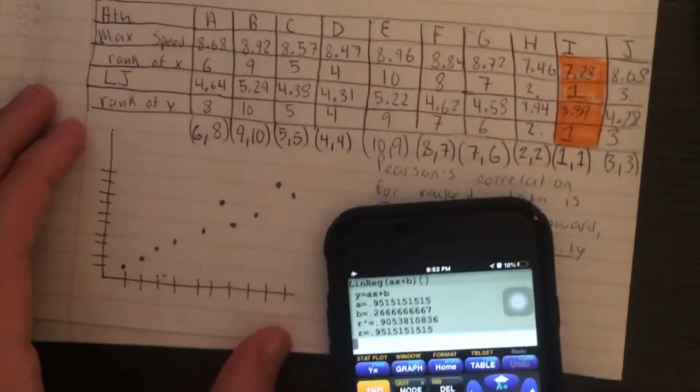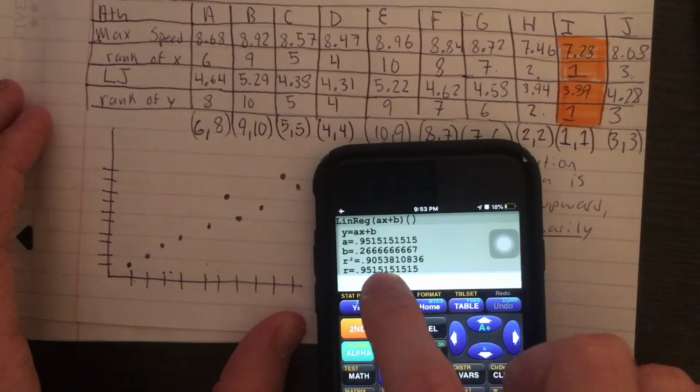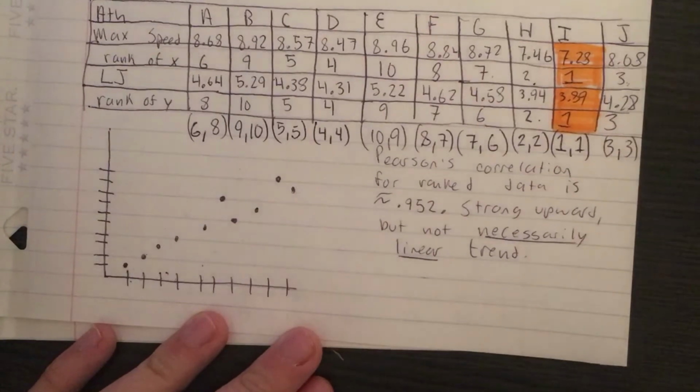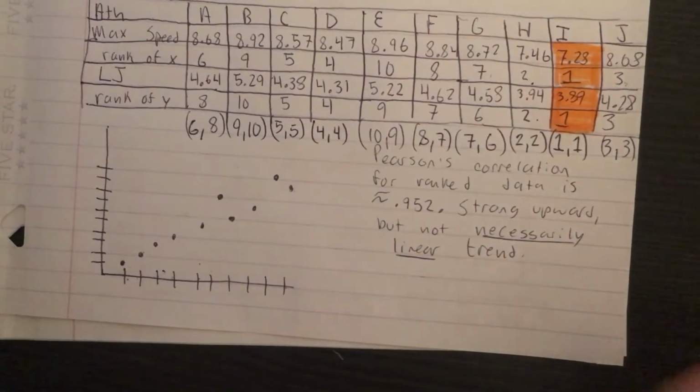And so if you look there, we've got a regression of about 0.952. So R is approximately 0.952. And so what that indicates, our initial data said the correlation was like 0.86. So it was not necessarily linear.